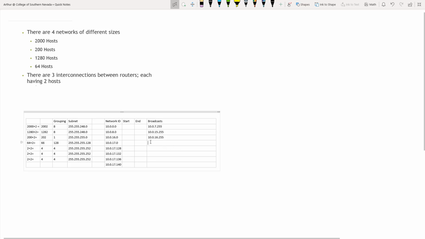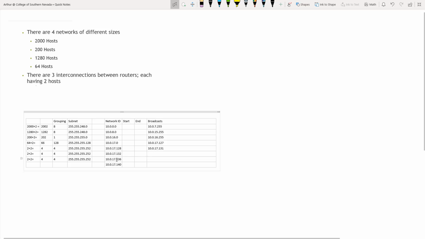Here, we are going to be doing the broadcast for the fourth network. We look at the fifth network and subtract 1. We can subtract 1 from 128, so it will be 17 still, and we subtract 1 from the 128. For this one, we look at the next ID, and we subtract 1. 17.131.